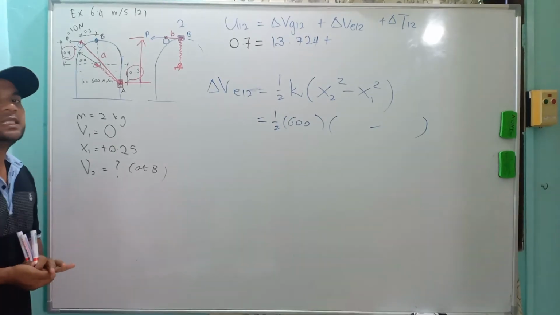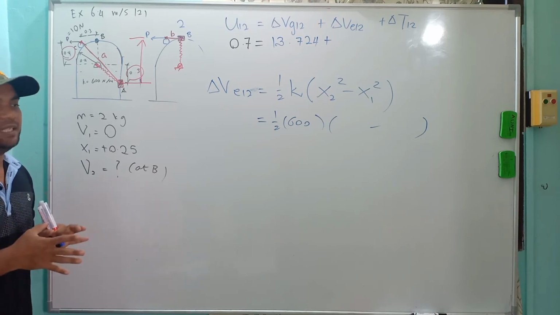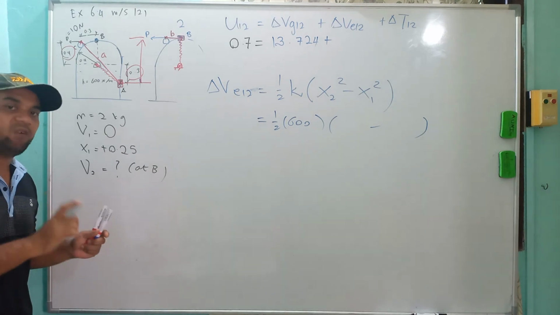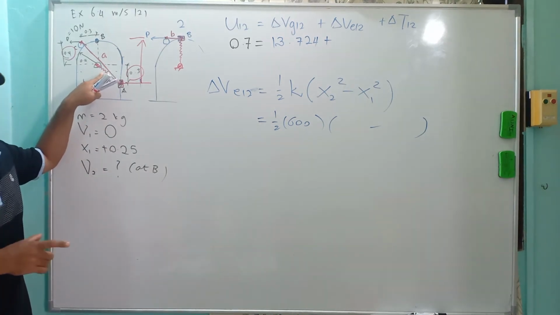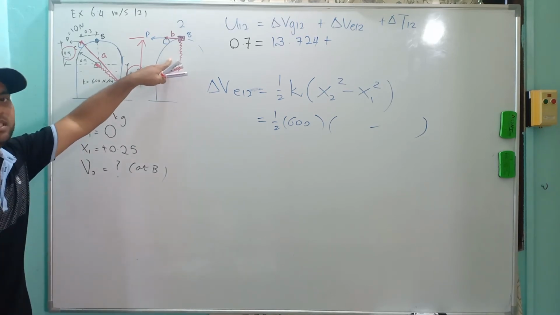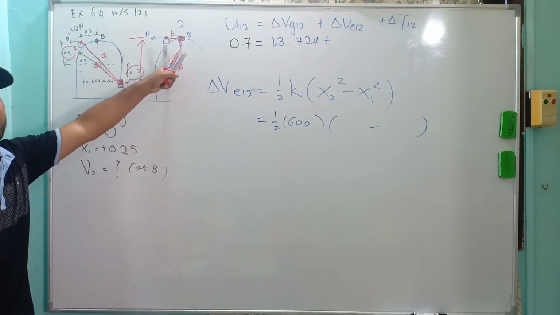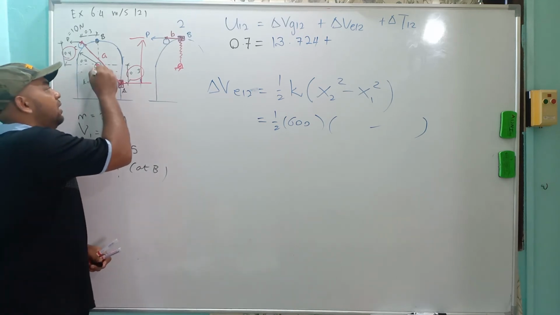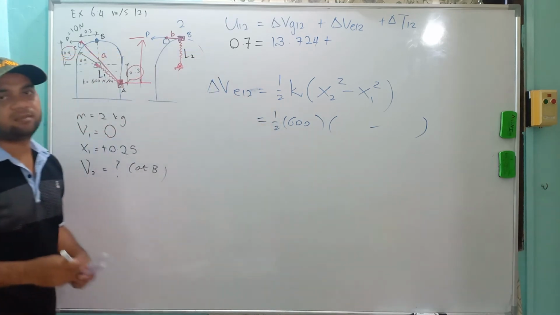Remember that x1 and x2 are the spring deformation. You cannot see it in the figure, but from your calculation, it is the deformation. What you see from here is the spring length at position 1 and spring length at position 2, the actual lengths. In this case, this is L1, this is L2, not the x.